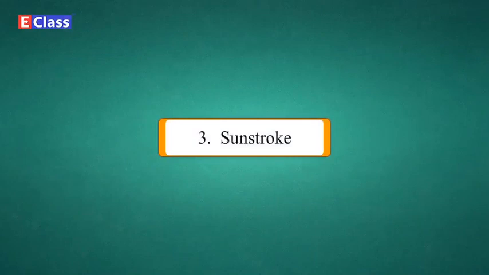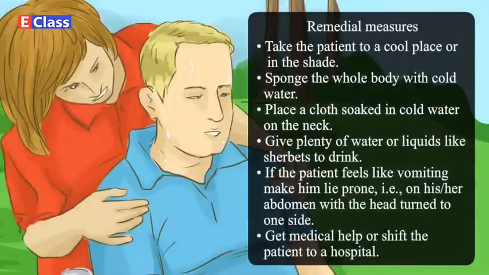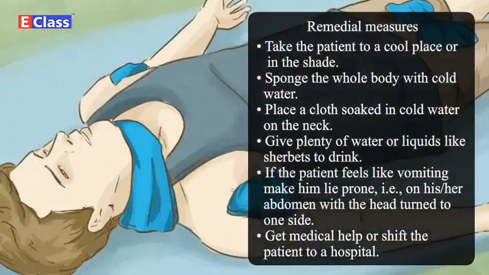3. Sunstroke. When we work in the sun continuously for a long time, the body loses a lot of water and minerals. That is the reason for sunstroke. Remedial measures. Take the patient to a cool place or in the shade. Sponge the whole body with cold water.